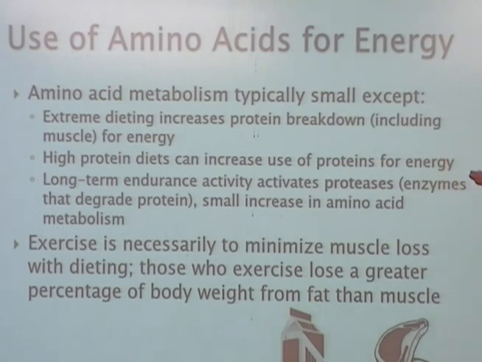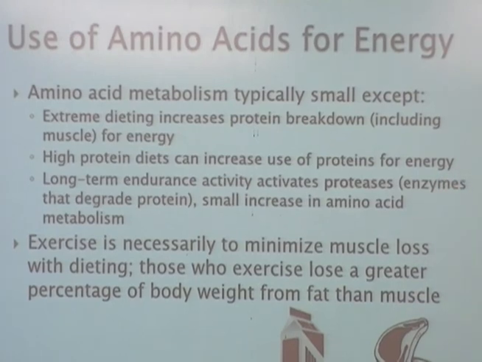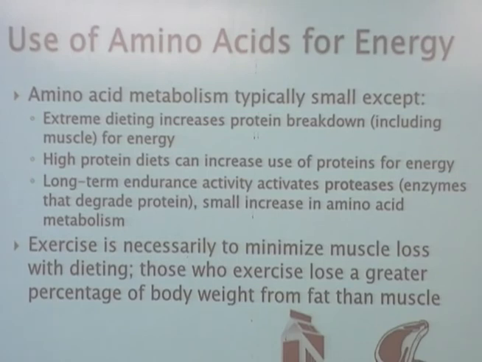So if I eat lots and lots of protein, eventually your body will use a little bit more protein than is typical as an energy source. Will it use all the protein you eat? No. Will it use more protein than someone who isn't on a high protein diet? Yes.